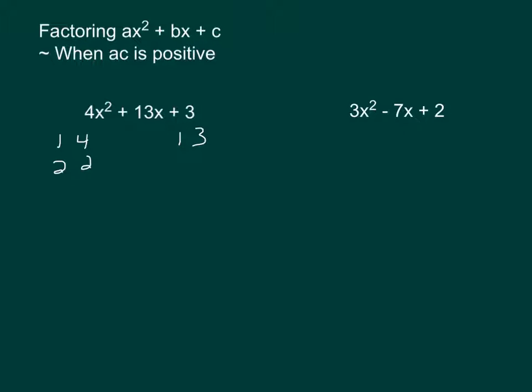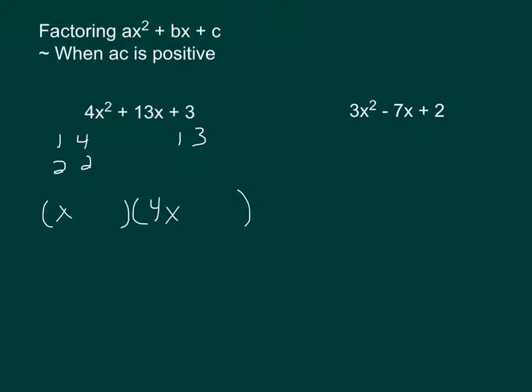Using this here, I'm going to do a little bit of trial and error. I'm going to set up possible answers and see if they work. I will take the 1 and 4 and set those up as coefficients of my x's. So I'm going to have 1x and I'm going to have 4x. And now as constant terms, I'll get those from 1 and 3.